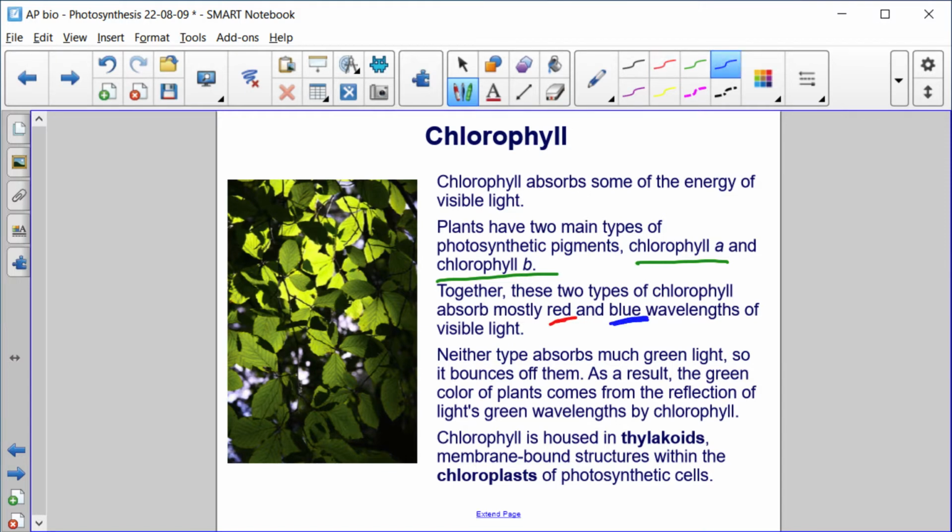Neither type absorbs much green light, so it bounces off of them. As a result, the green color of plants comes from the reflection of light's green wavelengths by chlorophyll. Chlorophyll is housed in thylakoids, which are membrane-bound structures within the chloroplasts of photosynthetic cells.